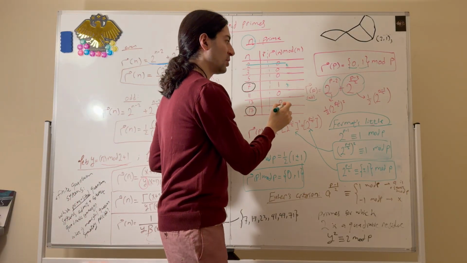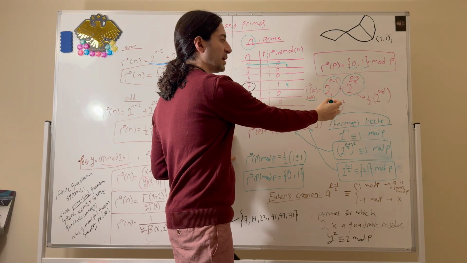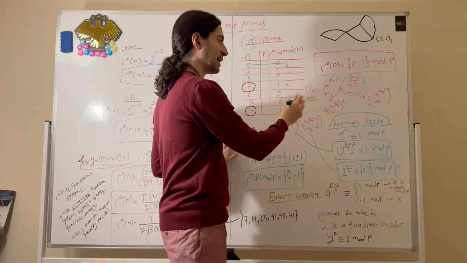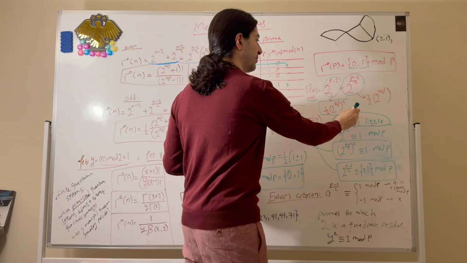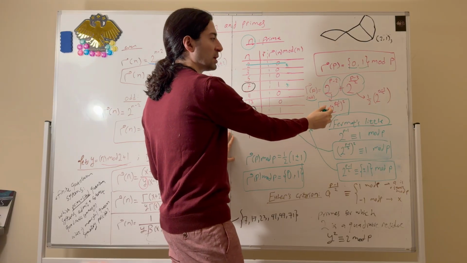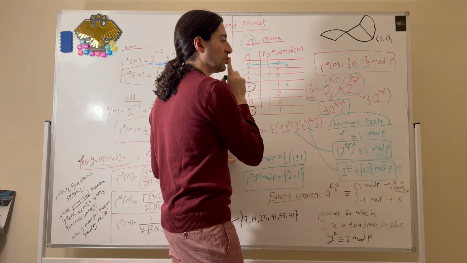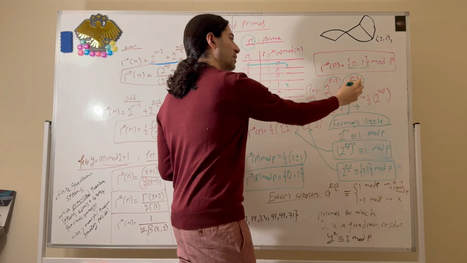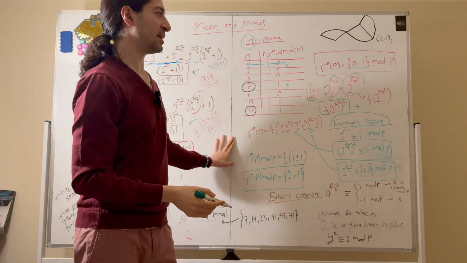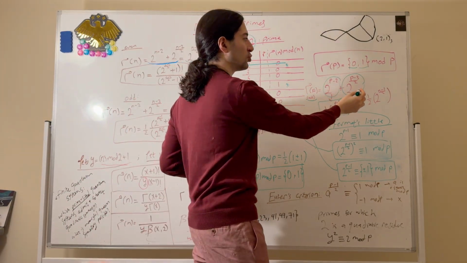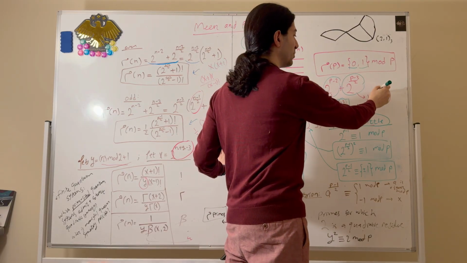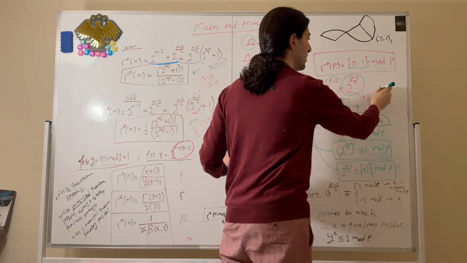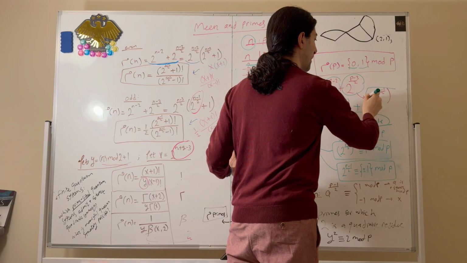Plus we're going to express the other side as 1/2 of 2 to the p minus 1 over 2.